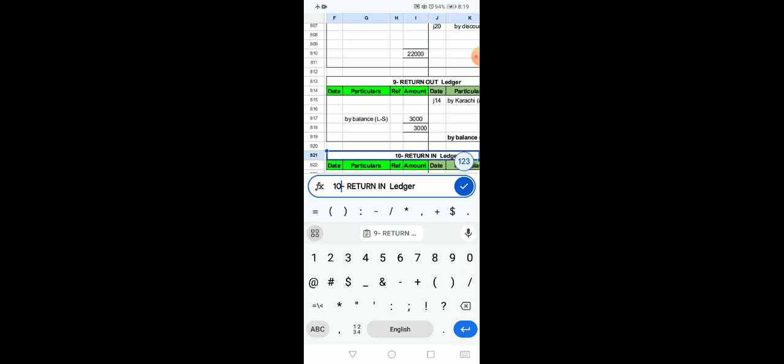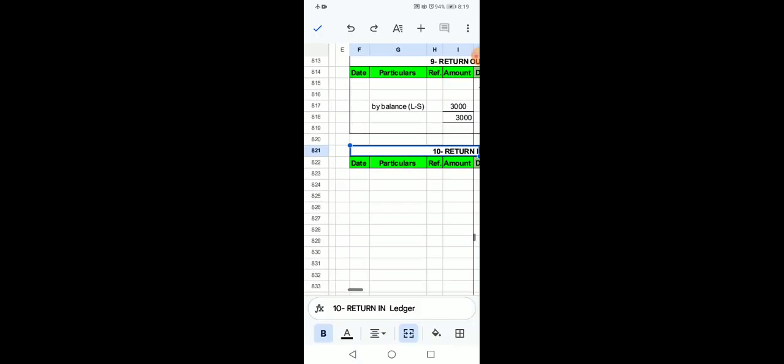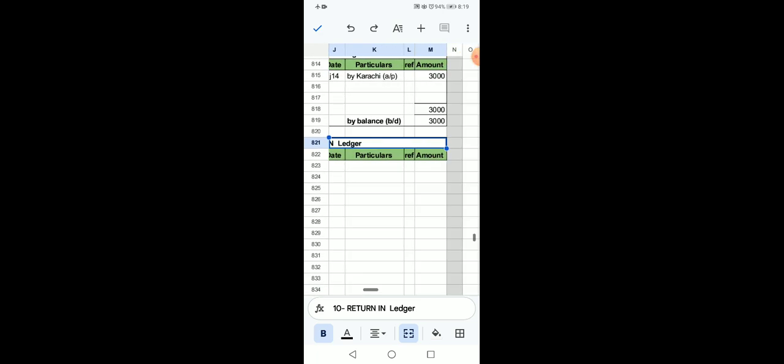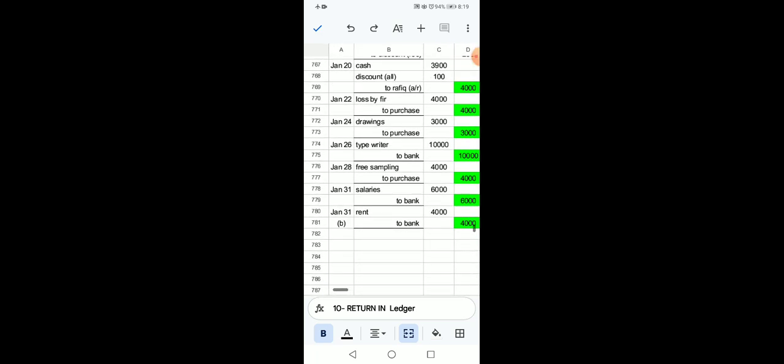We just need to change the title. Instead of return out, we are now making return in ledger, and this is number 10 ledger. Remaining everything you can see is same. All headings on debit side, all headings on credit side are similar to the previous ledgers. So we are now focusing upon return in.